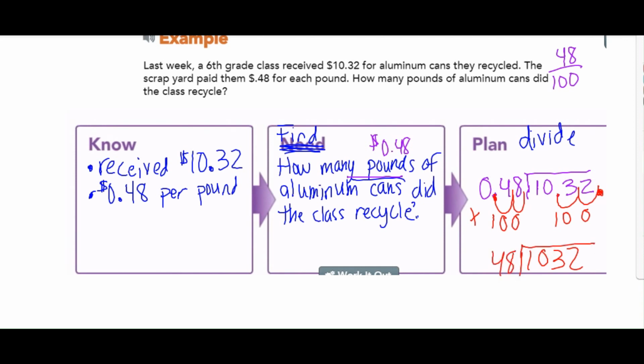Now that our divisor is a whole number, we can divide like normal. And write underneath what you just wrote here, underneath the plan, I'm going to rewrite it, and then I'm going to work it out. So we have 1032 divided by 48. So our new decimal point is behind the 2 if we needed it.